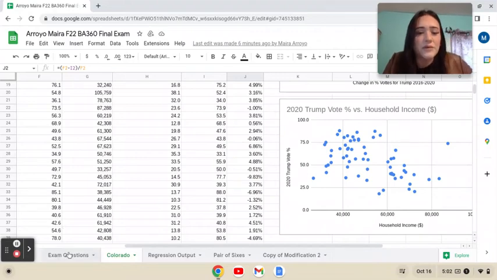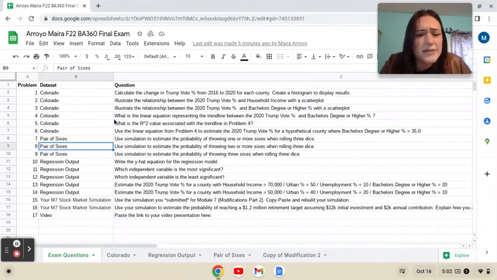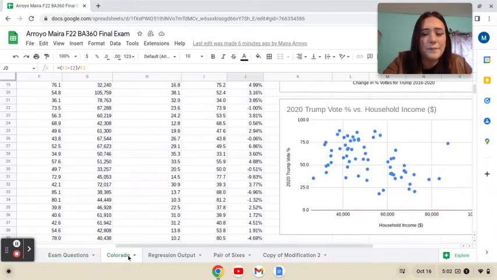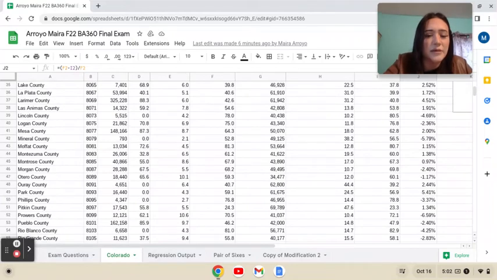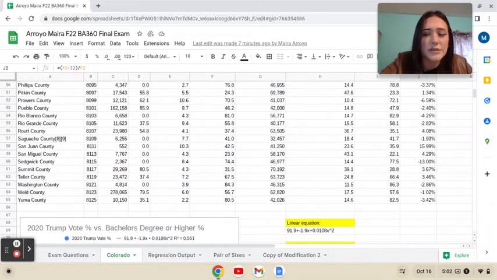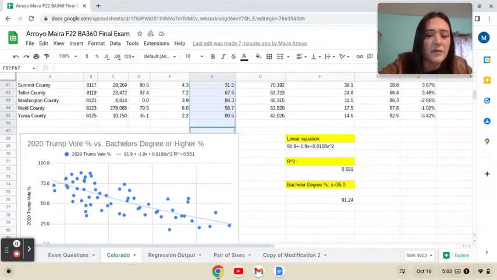And then number 3 says illustrate the relationship between 2020 Trump vote percentage and bachelor degree or higher percentage with a scatter plot. That one is down here, just because I didn't want to jam everything up over there.